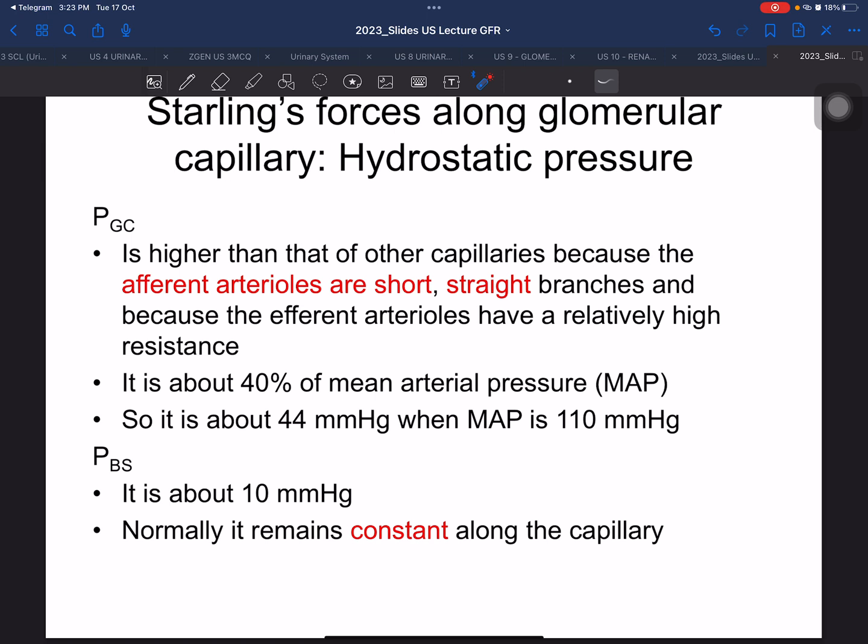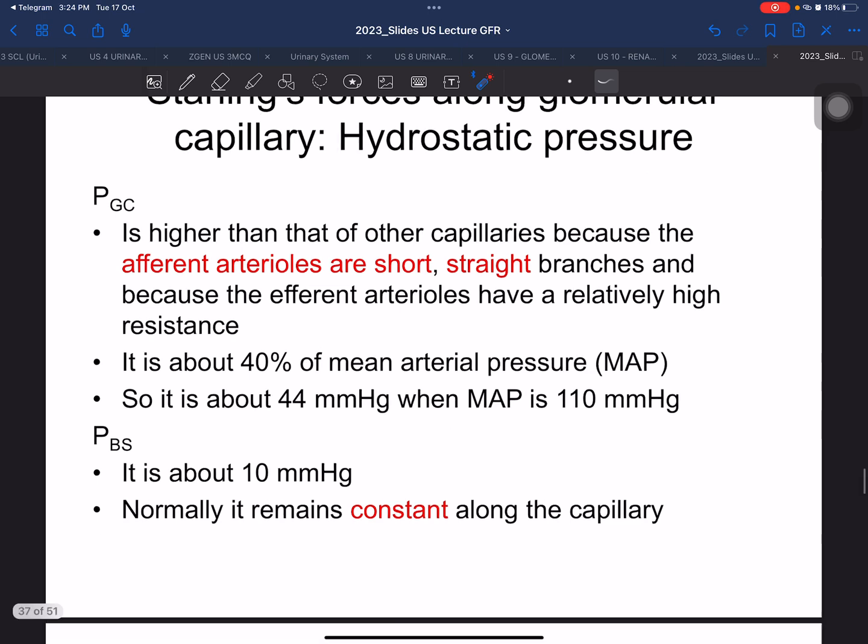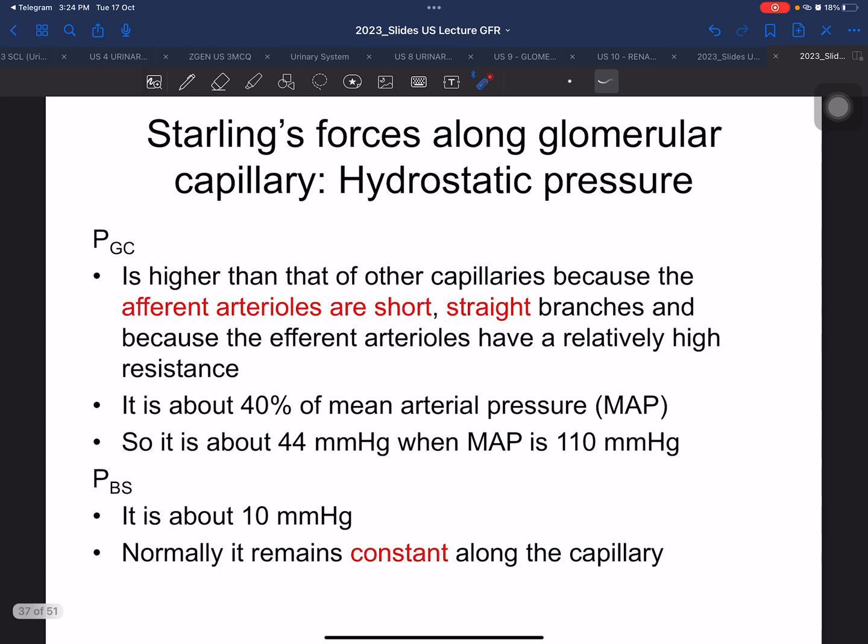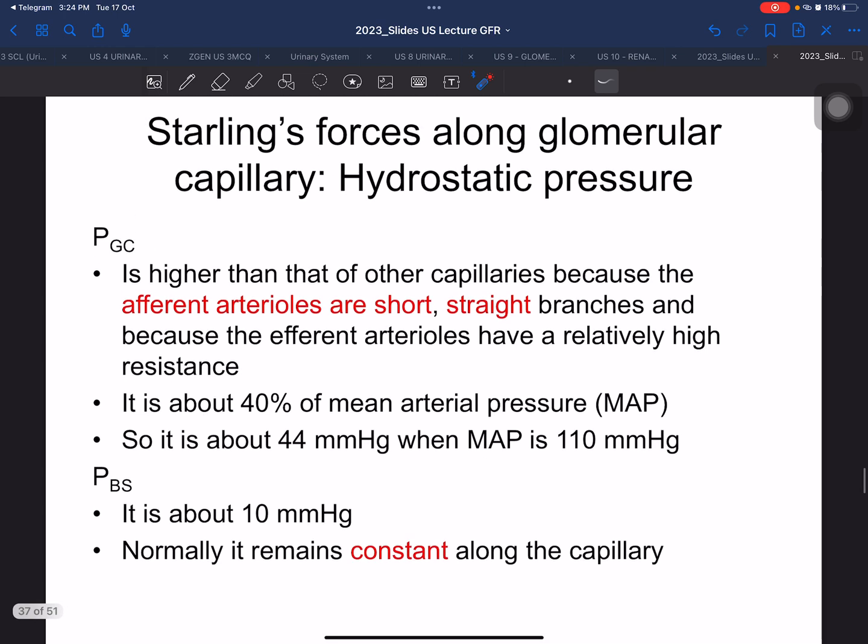That's why there is a high hydrostatic pressure in the glomerular capillary. The pressure is about 40% of mean arterial pressure. So if your mean arterial pressure is 110, then the PGC is 44 millimeters mercury. The hydrostatic pressure in the Bowman space is about 10 millimeters mercury and usually remains constant.